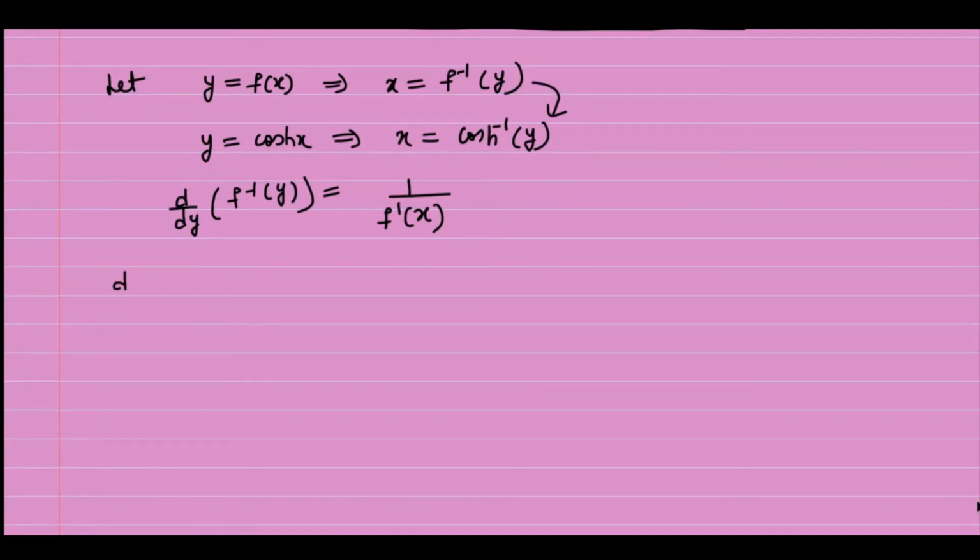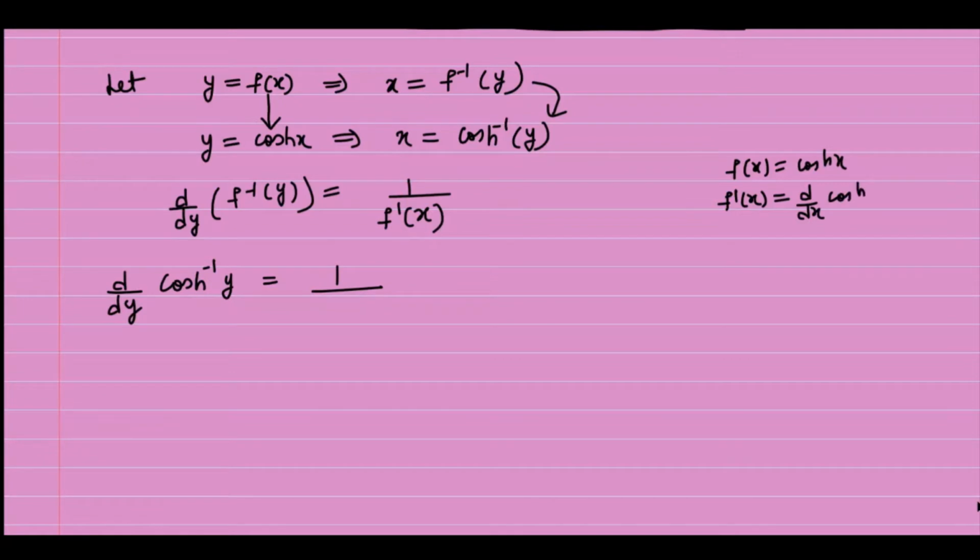So we have d by dy of cosh inverse of y equal to 1 by f dash of x. What is f of x? f of x is cosh x. So f dash of x means d by dx of cosh x. What is the derivative of cosh x? It is sinh x. So here we will get 1 by sinh x.